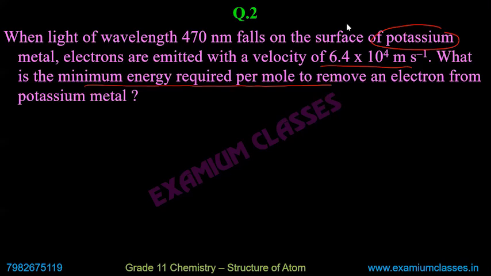Here we have been given the velocity, and we'll put the value of mass 9.1 into 10 to the power minus 31. We have also been given the wavelength, so from that we can calculate h nu. Then we'll have to find h nu naught. And then per mole, we'll have to divide it.